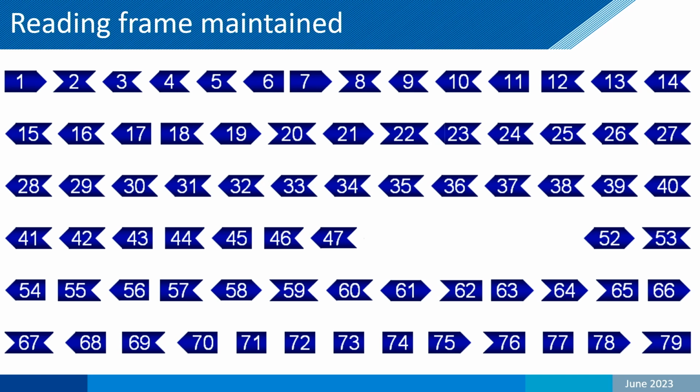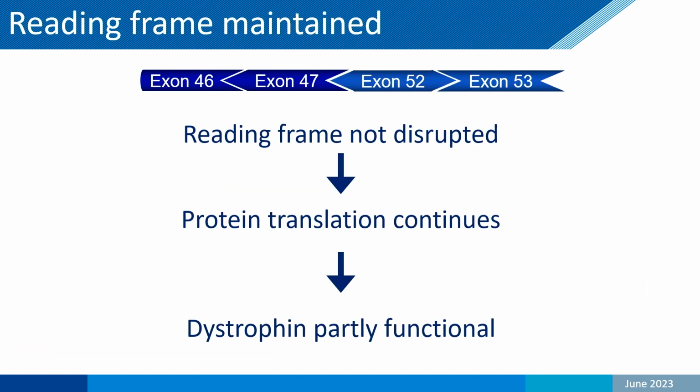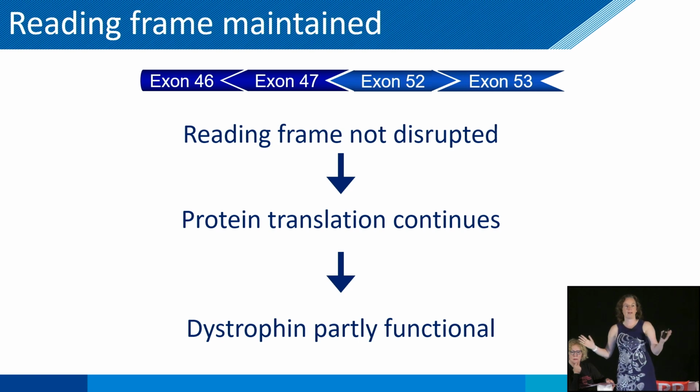What happens in Becker patients is that the code is maintained. And you can see here, this deletion is larger. Now, on top of 48, 49, and 50, also 51 is missing. However, 47 fits to 52. So what happens is that the code is translated from beginning to end because it's readable. The only problem is that in the middle, the part that is encoded by 48, 49, 50 and 51, that is missing.